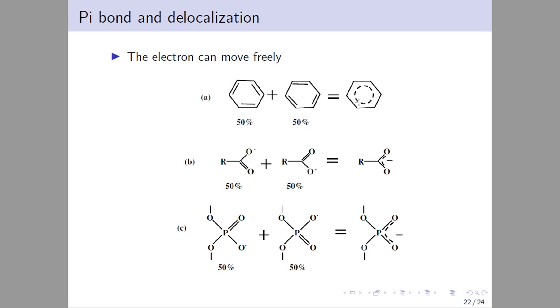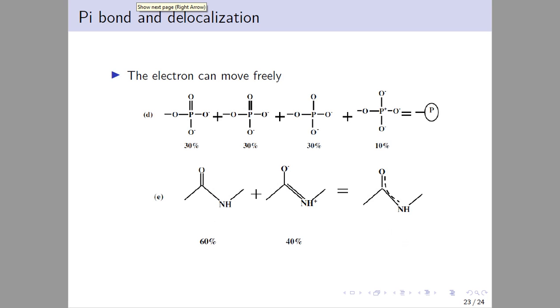And here the electron can be here or can be here. So the electron can move freely from this oxygen to this oxygen atom, 50%, 50%. So it can move from this oxygen to this oxygen.